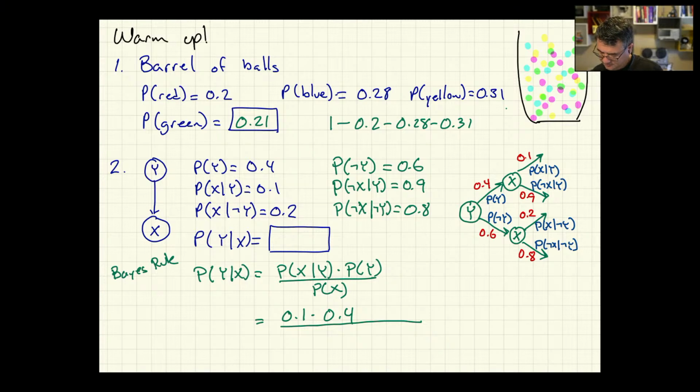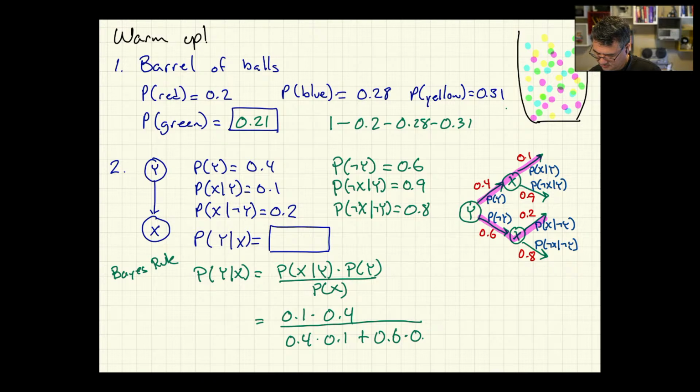We're going to need the probability of x, which we can get to by this branch and this branch. Those both end up with the probability of x. So that'll be 0.4 times 0.1, plus 0.6 times 0.2. Not 0.8, 0.2.